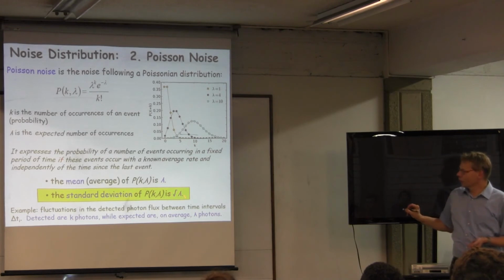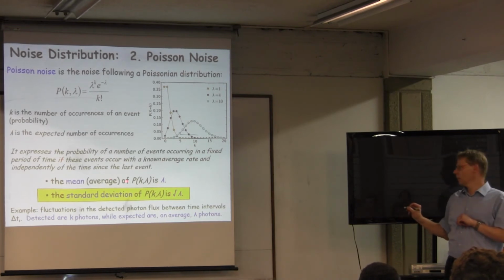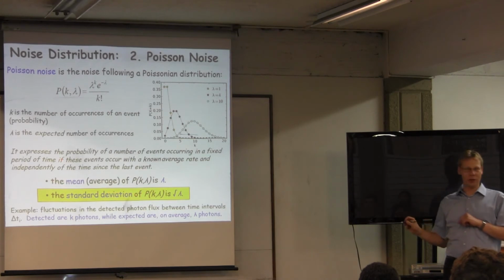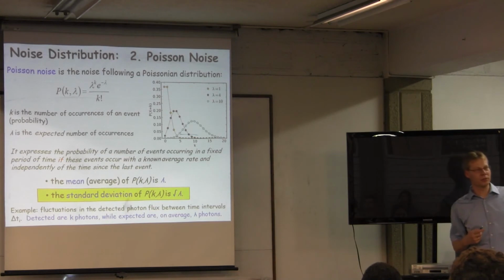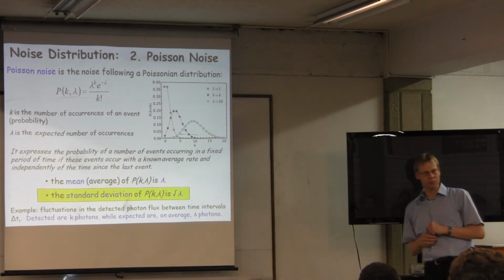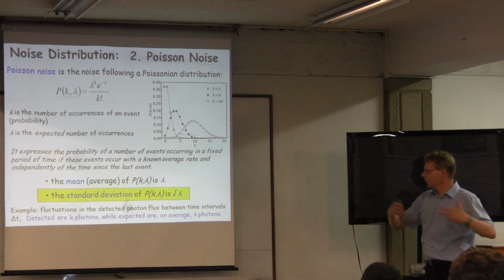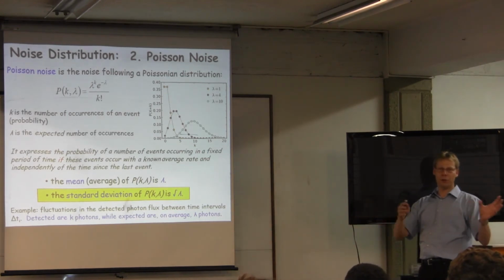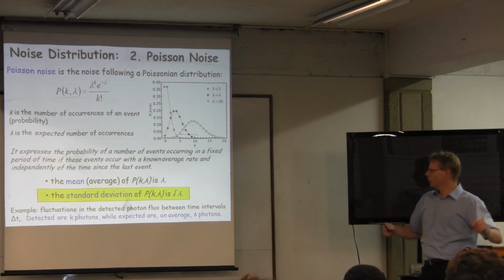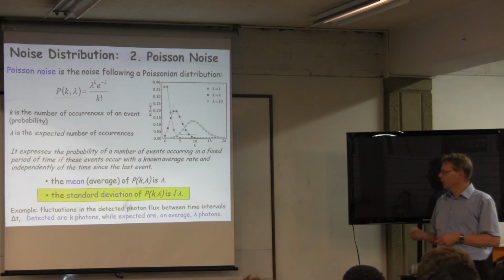And this is very important because if you remember before, when we talked about noise, the standard deviation essentially describes how noisy something is. Right? If the standard deviation is small, it's not noisy. If it's large, then the signal is very uncertain because there are many measurements around that mean value within one standard deviation.